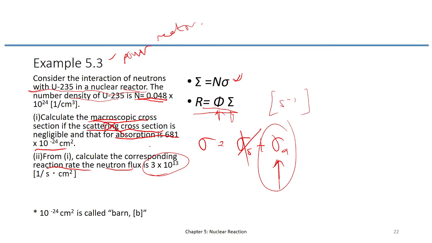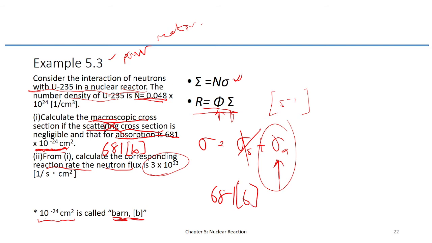And by the way, it is purposely written 10^-24, so that you can also express the cross section as 681 b, or barn. Barn is a special expression for 10^-24 square centimeter, for cross section.